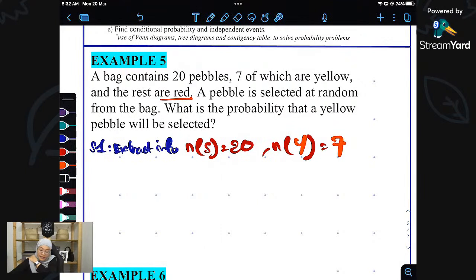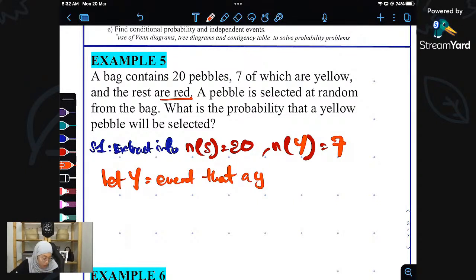Okay, so what is it? First thing first is we want to give it a name. Okay, give it a name first, guys. Let Y be the event that a yellow, right? Getting a yellow pebble. Event that getting, you can use this word.